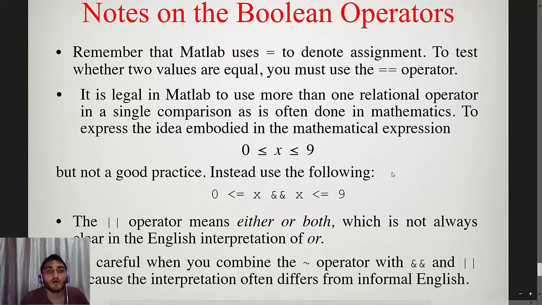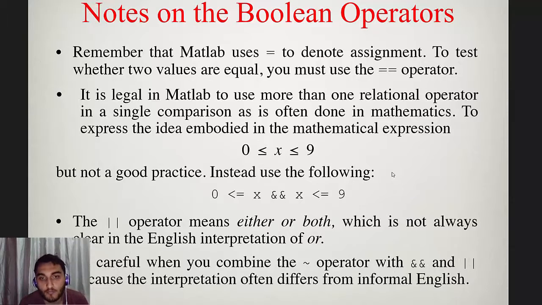So, notes on the Boolean operators. Remember that MATLAB uses equals to denote assignments. To test whether two values are equal, you must use the operator equal equal. It's legal in MATLAB to use more than one relational operator in a single comparison, as is often done in mathematics to express an idea, but it is not good practice.